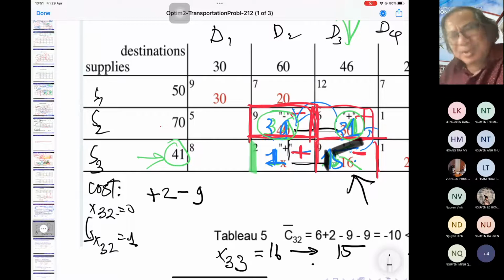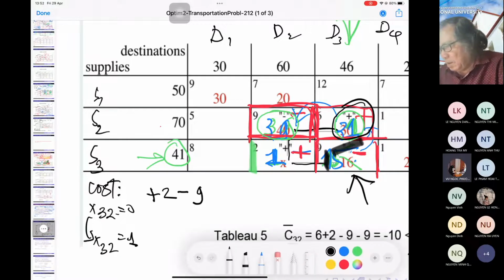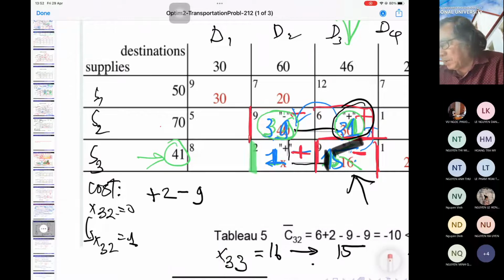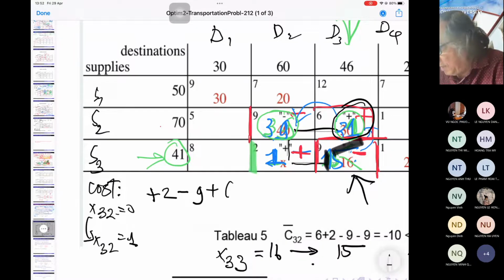The cost reduced 9. But at that time you look at this one, the cell x23. It is 30 and now becomes 31. So 1 unit more. How about the cost? The cost is increasing, plus 6.